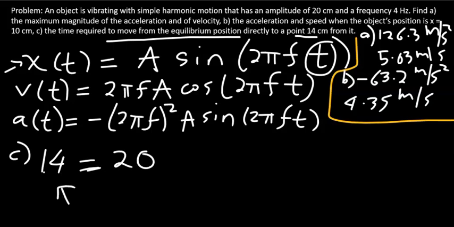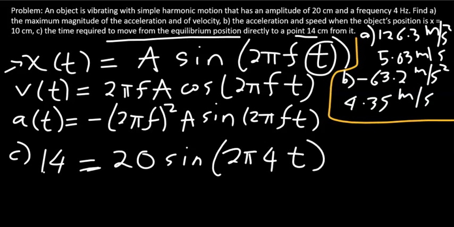We don't have to convert the cm to meter here because you have cm here, cm there, so the common factor involved in unit conversion will just cancel out. Sine 2 pi, f is 4, and t is what we are looking for, the time when the object gets to the 14 cm mark. So this will give us the following result.